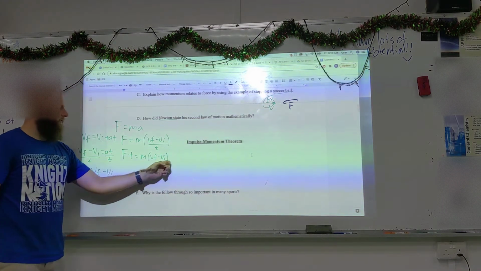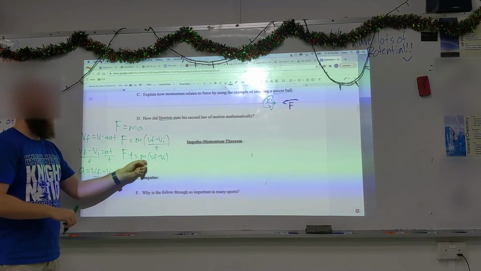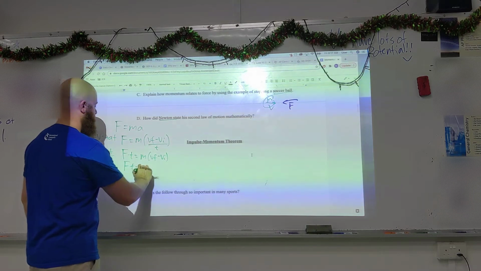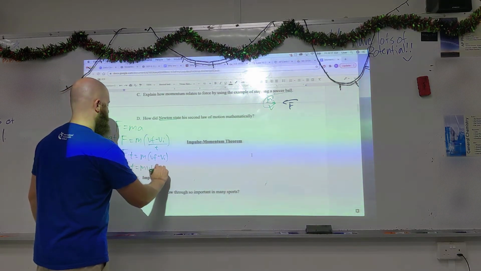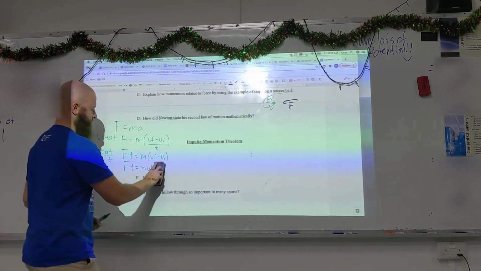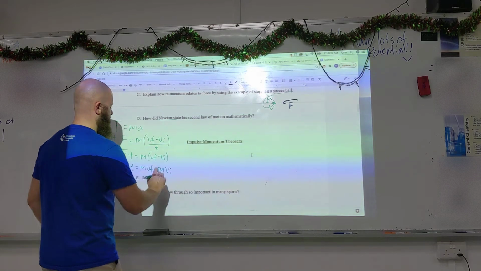Okay, now the parentheses kind of obscure what's going to happen here, so I'm going to do one more step and multiply out the m. So I have F times T equals mVf minus, oops, actually need to distribute, minus mVi.